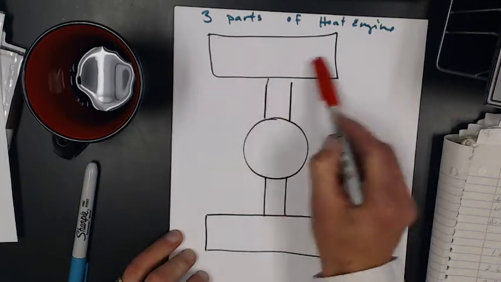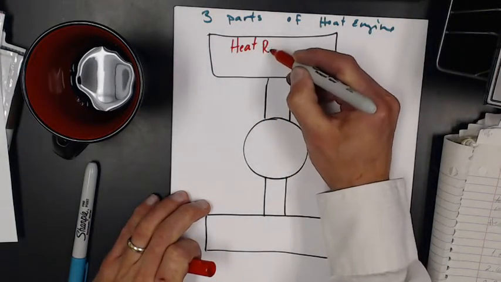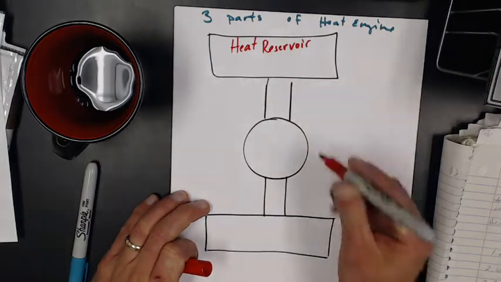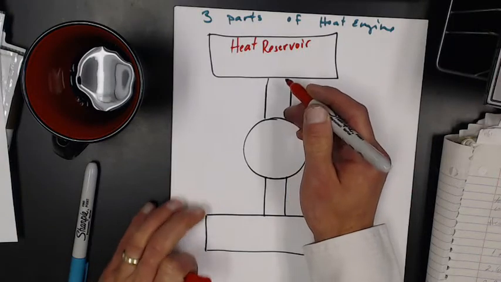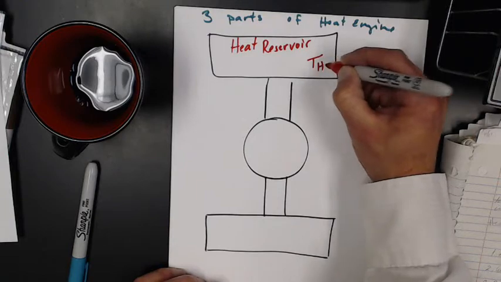You have this top square. This is called the heat reservoir. The heat reservoir is where heat is applied and it's at a temperature of TH.